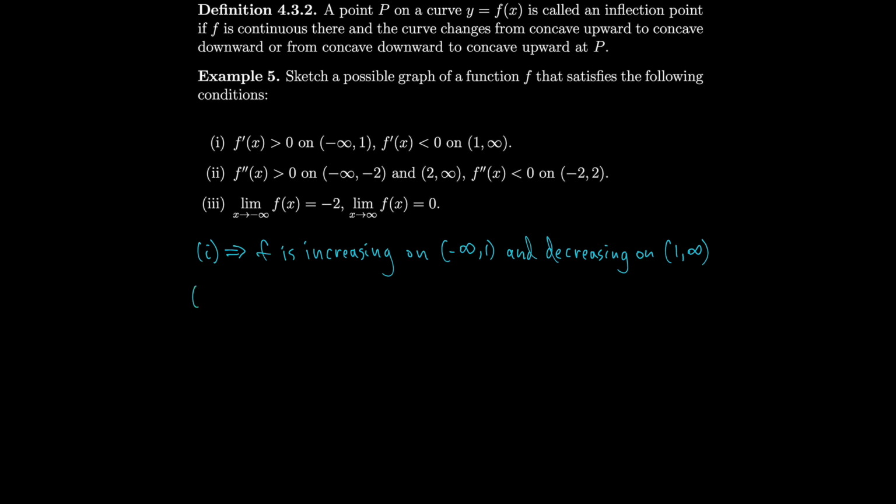Then we look at what the second one tells us. The second derivative tells us about concavity. So this means that f is concave upward over here, because that's where the second derivative is positive.